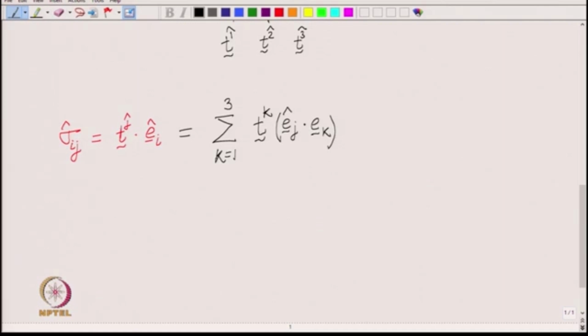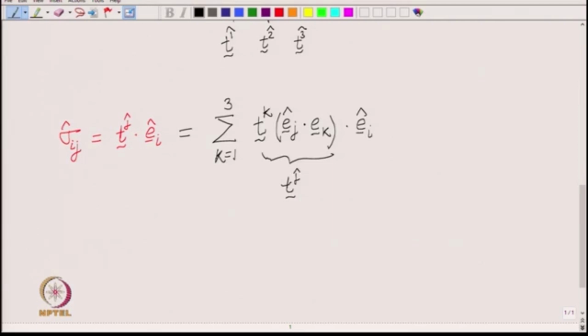Whether you write E j hat dot E k or E k dot E j hat, it is the same thing. Okay, so, you can look back at the formula, that is the formula for T j hat only, and then we further dot it with E I hat, all right, because this number here is only T j hat.